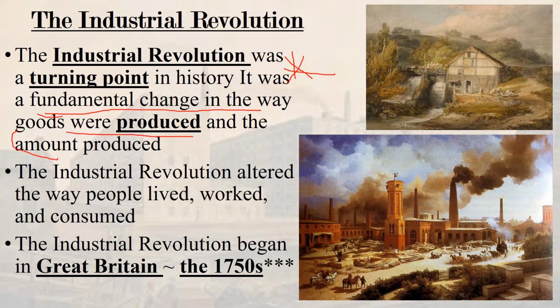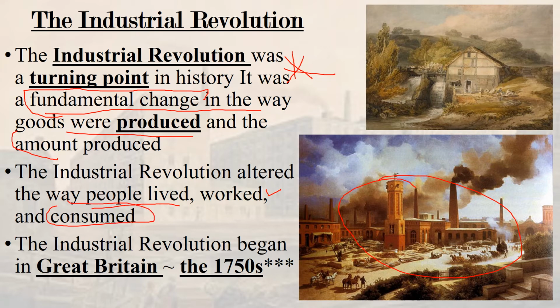So fundamental means at its most basic level, everything changes. It altered the way people lived. They're going to live more and more in towns and cities instead of the countryside. It changed the way they worked. More and more are going to work in factories, in towns, in cities. And they consumed.